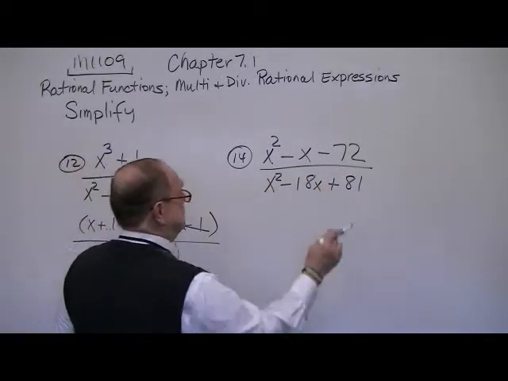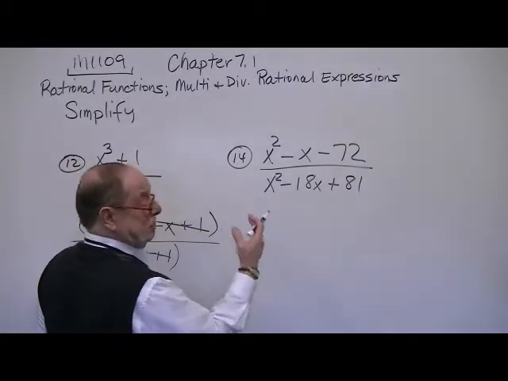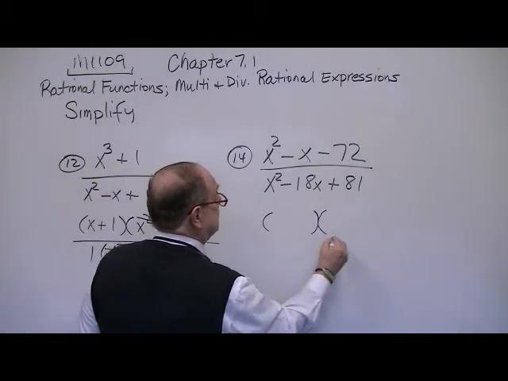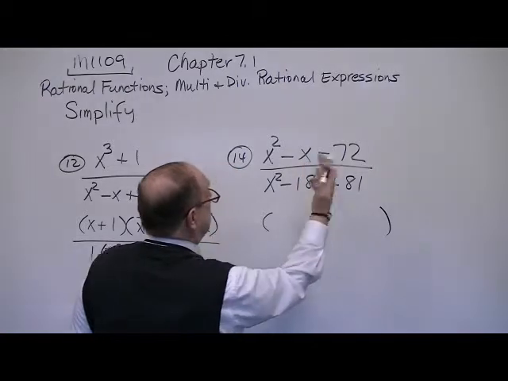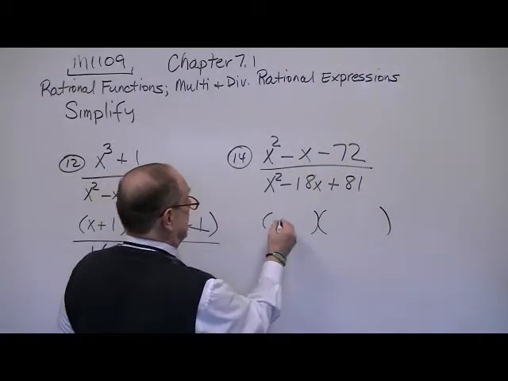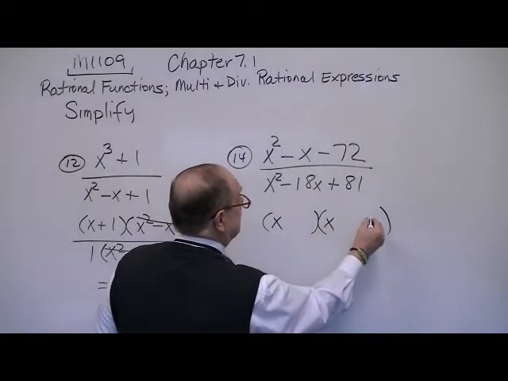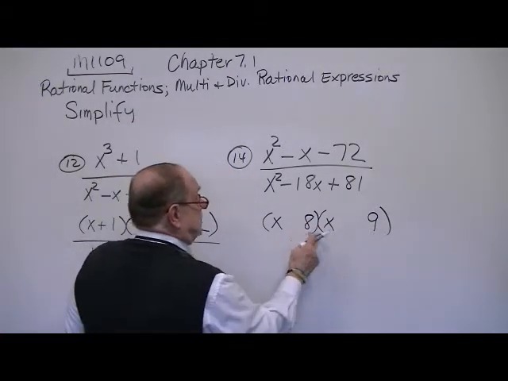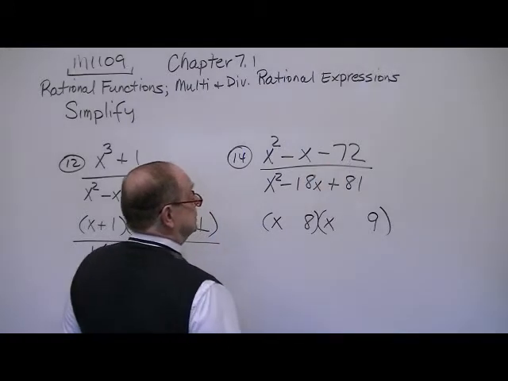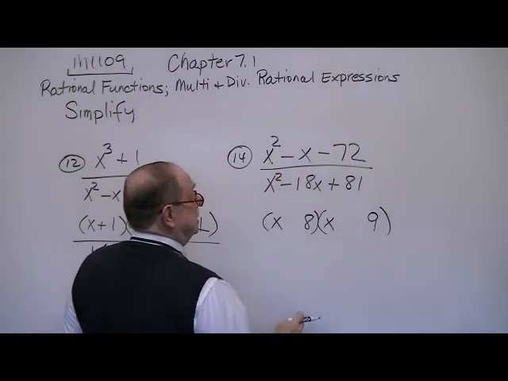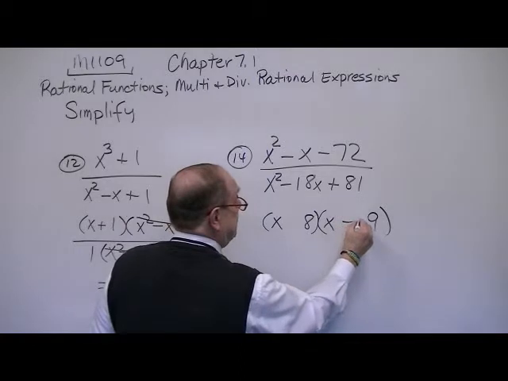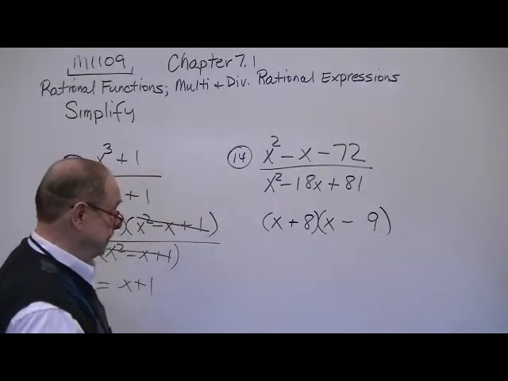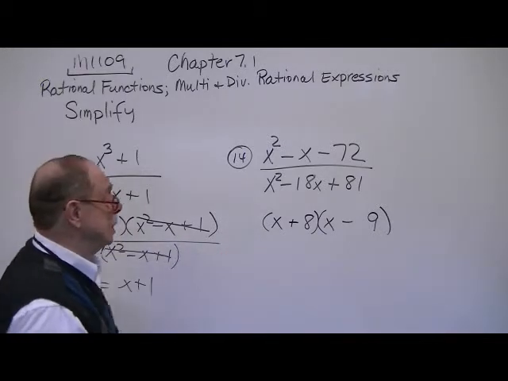All right, for number 14, again, you're going to have to factor it. So let's factor the top. There's no common factor to take out. 8 times 9 is 72, and we need a negative 1 in the middle, so our 9 will be a negative and our 8 will be a positive. Again, we check by foiling.